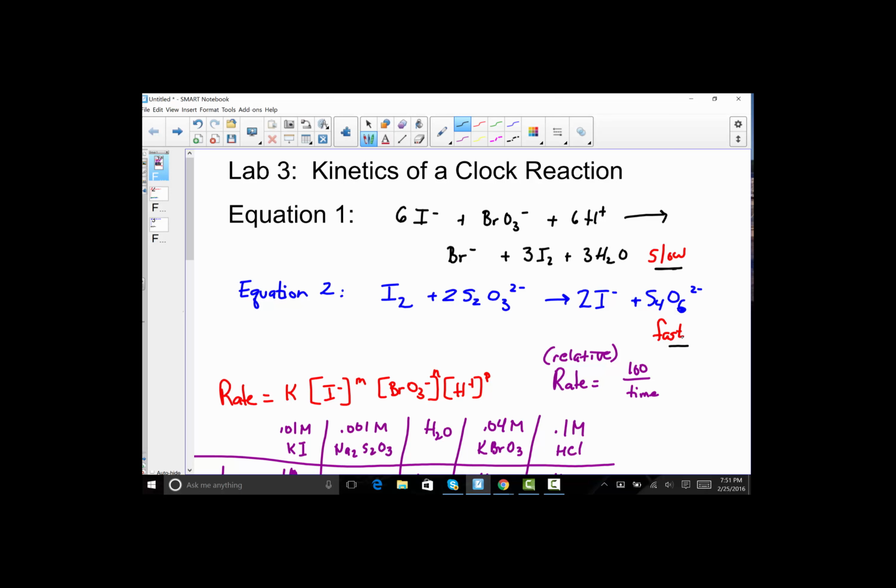If we notice that both of these equations are indeed occurring, what's happening is the iodide that is consumed in the first reaction is reformed in the second reaction. The molecular iodine that is formed in the first reaction is then consumed in the next reaction.